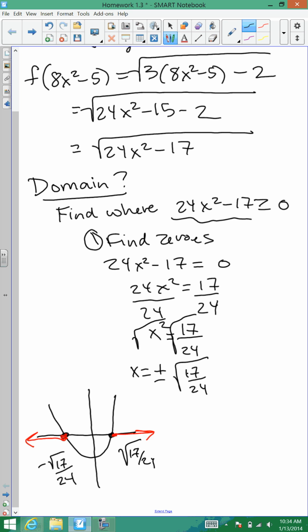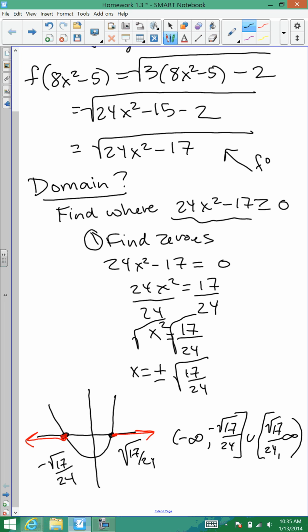So the answer for the domain is from minus infinity up to minus the square root of 17 over 24, inclusive, union the square root of 17 over 24 up to positive infinity. And that is your answer. Here is your function, f of g up here, and here is its domain right here.